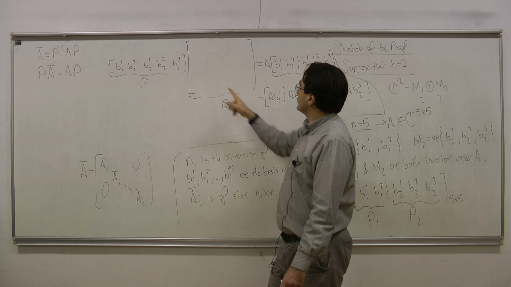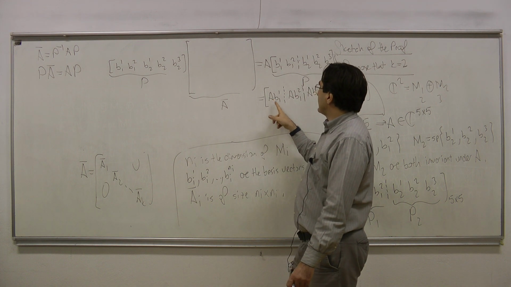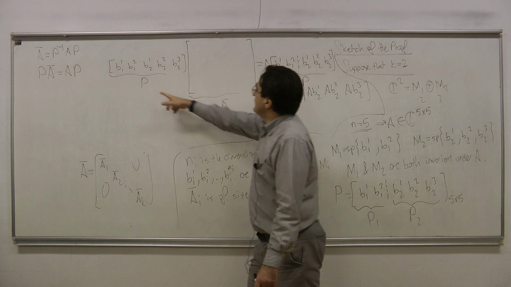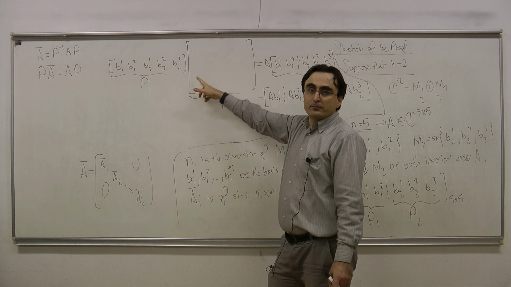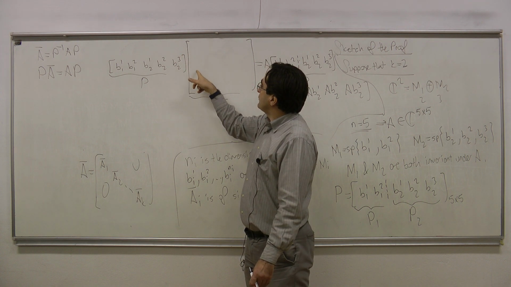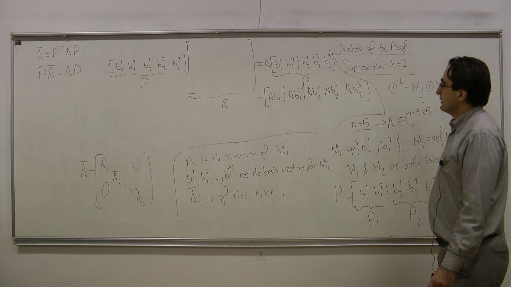In order to be able to find the first column of A bar, I need to express the first column of the right-hand side as a linear combination of the columns of P. And then I have 5 columns. I need to put these 5 coefficients here into the first column of A bar. Okay?